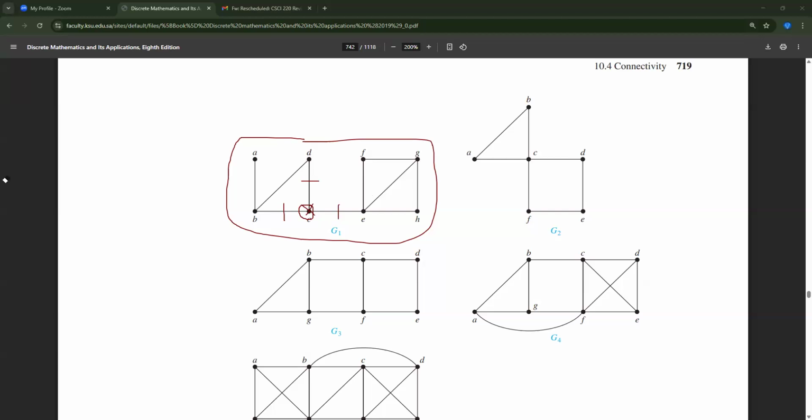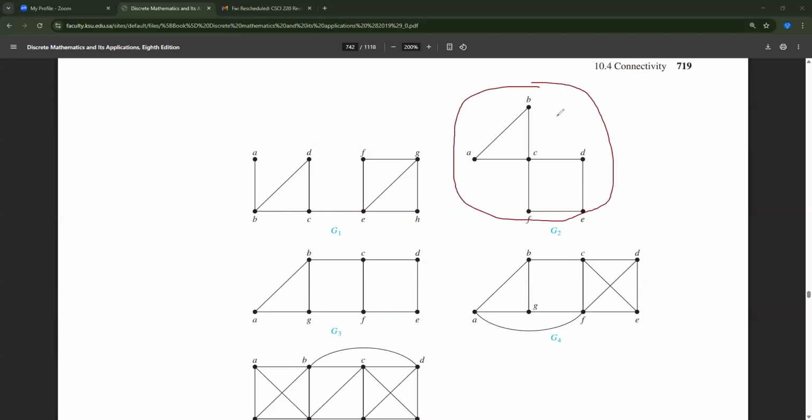Yes. So if we look at this example right here, the minimum number of edges I'll have to remove in order to make this graph disconnected has to be 2. Minimum 2. If I remove this one, you could still go from B to, say, D through A and C. I have to remove 2.